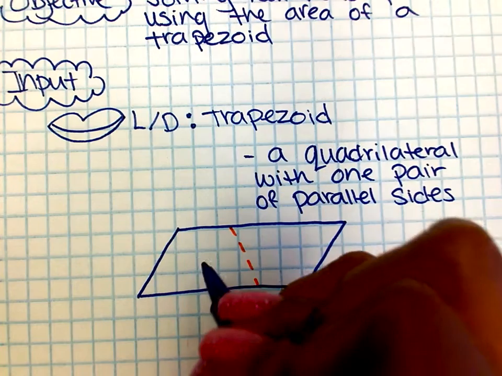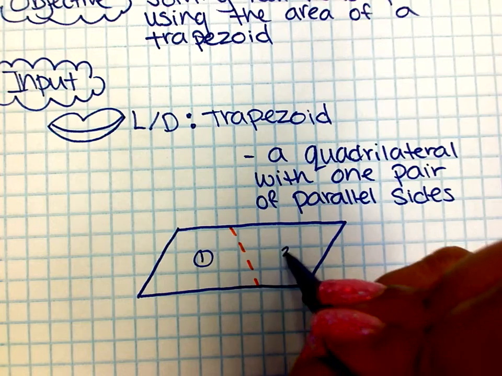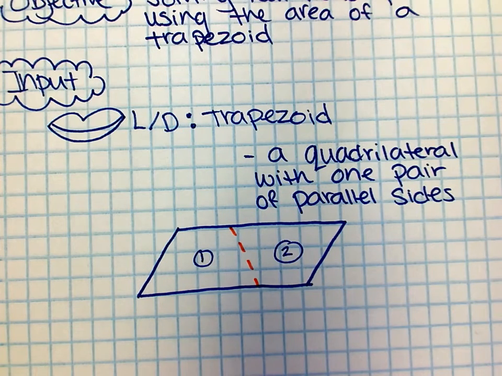So I have a trapezoid here, and I have a trapezoid there. A trapezoid is half of that, right down the middle. So it is a parallelogram that's cut in half.